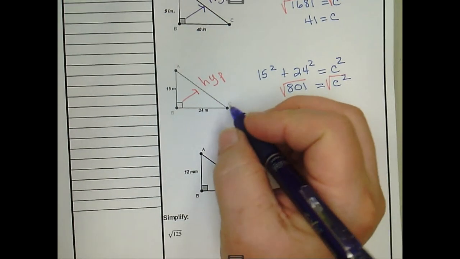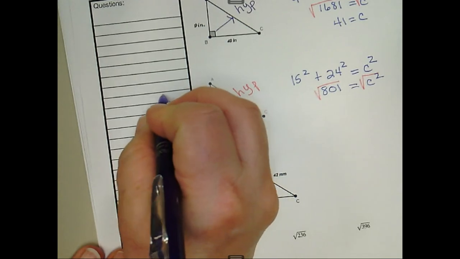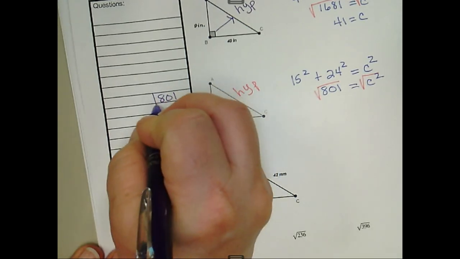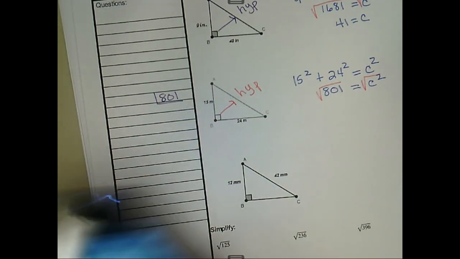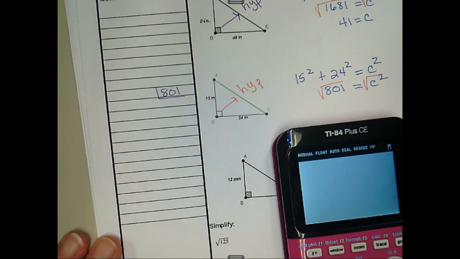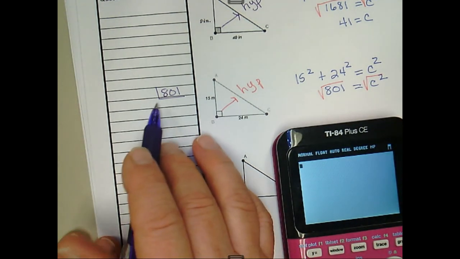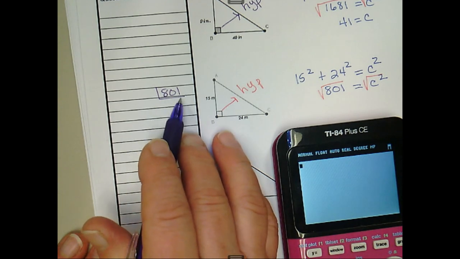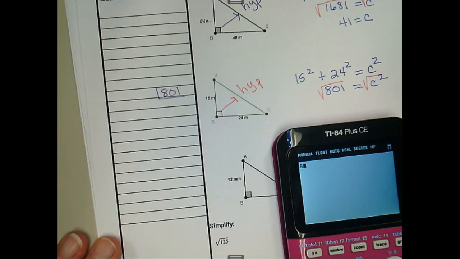So I'm going to come over here. 801. It is not a perfect square. So it is not even. I cannot divide by 2. Can I divide by 3? 8 plus 1 is 9. It is divisible by 3 because 9 is divisible by 3.